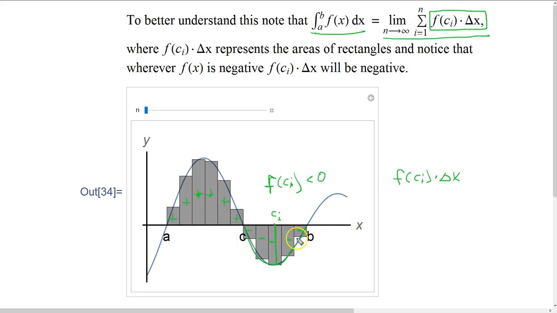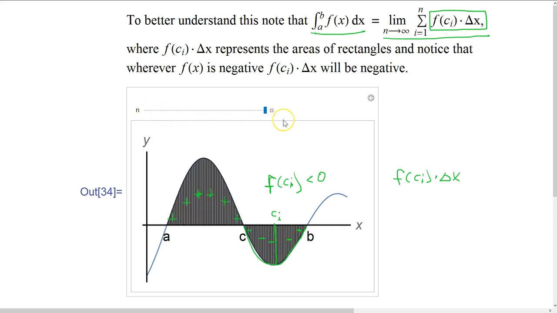And so we're summing them up, so you see the areas over here are canceling with the areas over here, and we can see then why in the limit as n goes to infinity, the definite integral is actually this area minus this area over here.